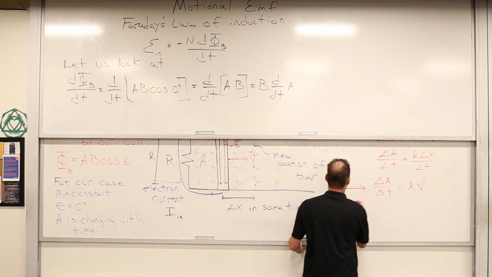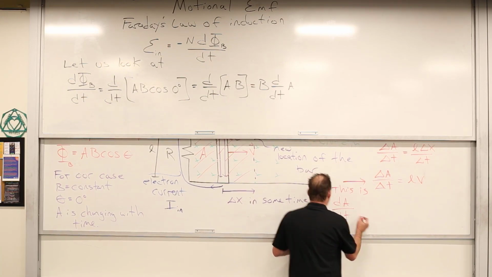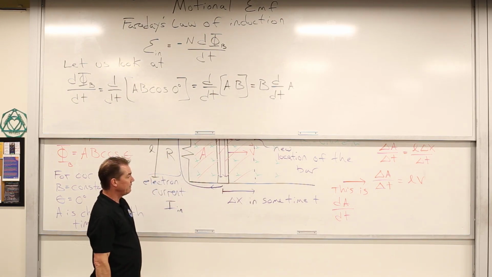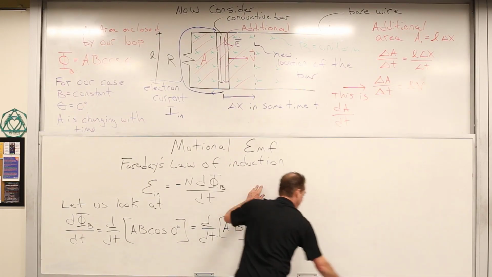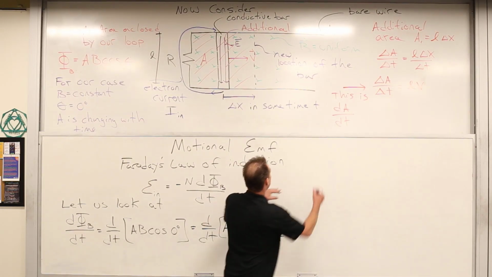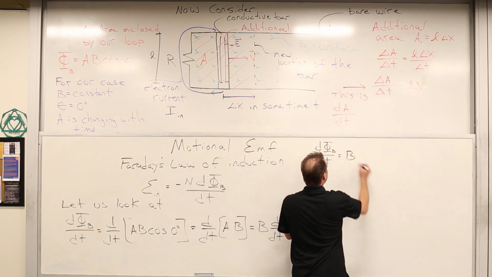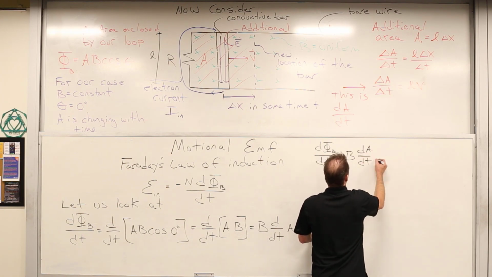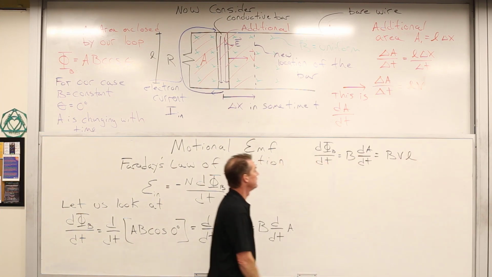This right here, this is dA by dt. So what do we end up getting? We've got ourselves that d phi sub b dt is going to be equal to b times dA dt, which is going to be b times v times L.